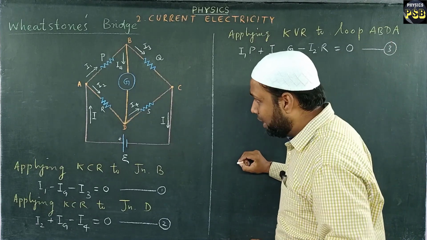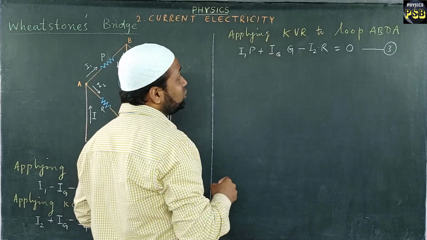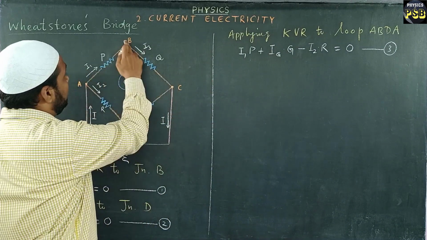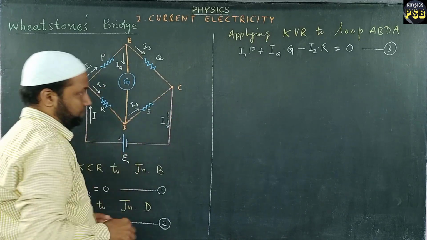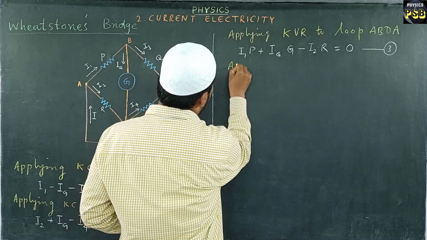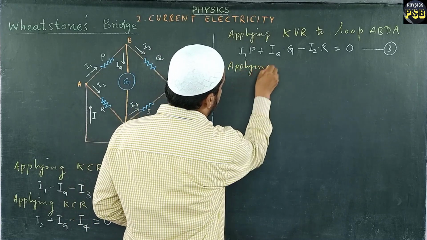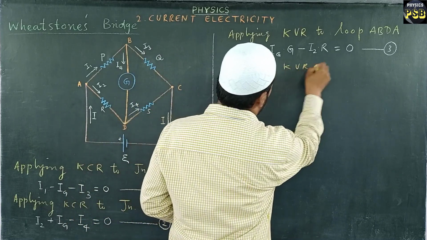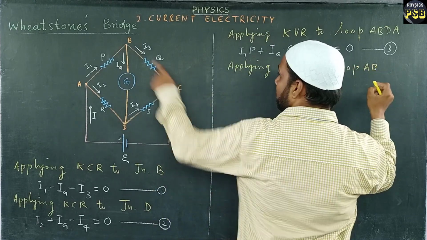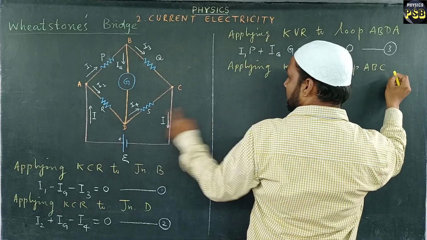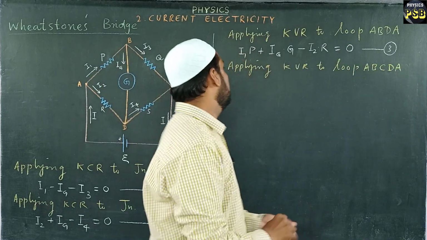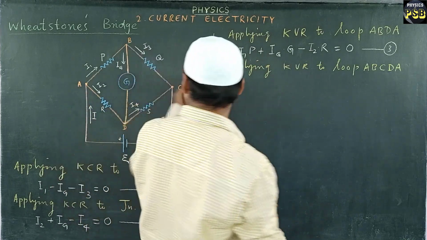Now again I will apply Kirchhoff's voltage rule to the loop ABCDA. Let's do it. I'll start from here in a similar way.